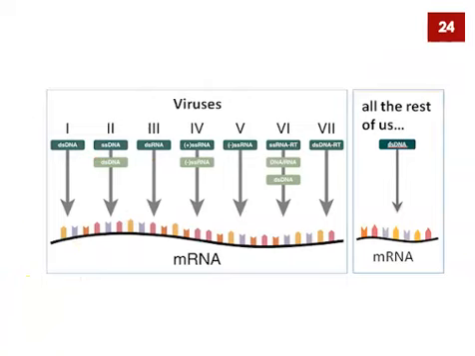Now I put this picture in because just in case you ever make the mistake of thinking about viruses as being very simple things, this picture, I think, drives home that they are not simple at all. On the left-hand side, this is the Baltimore system broken down into the 7 categories that viruses can fall under.